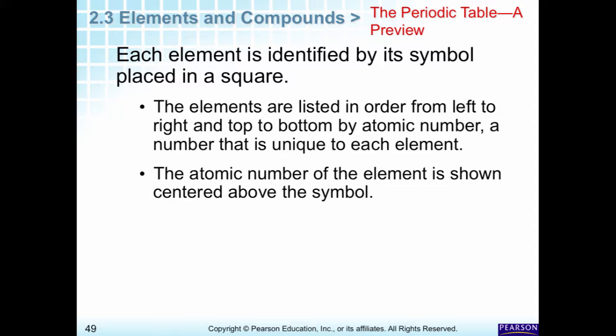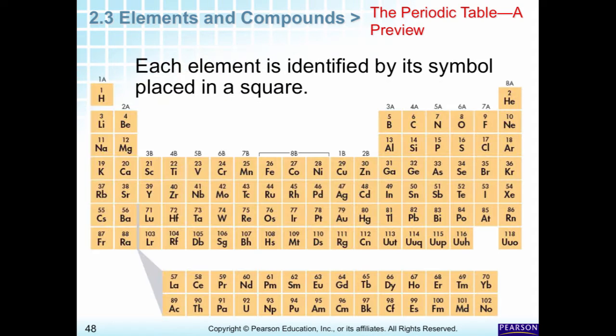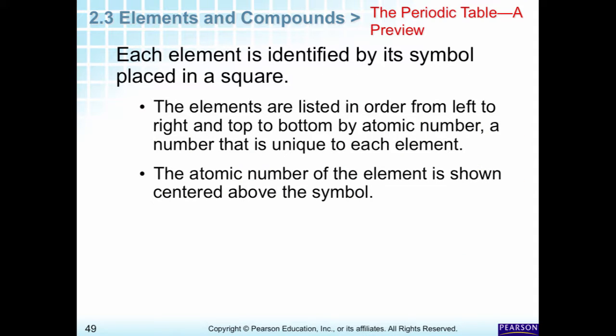So how does the periodic table work? The elements are in a certain order, and they go from left to right, and then they return back, and they go from left to right, in increasing order. Okay, depending on the type of periodic table we have, in this one, the number above the symbol is its atomic number.